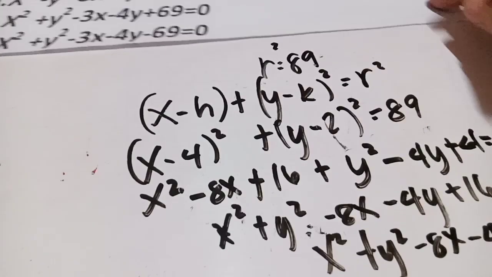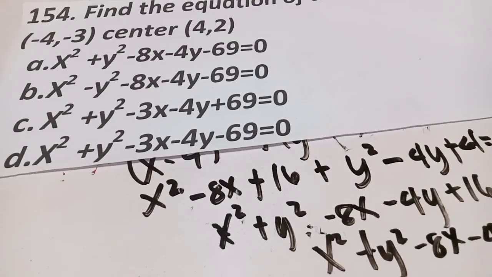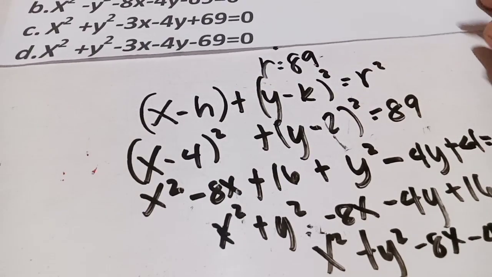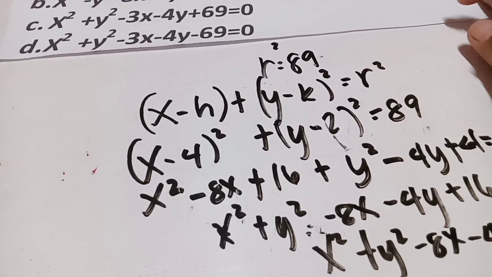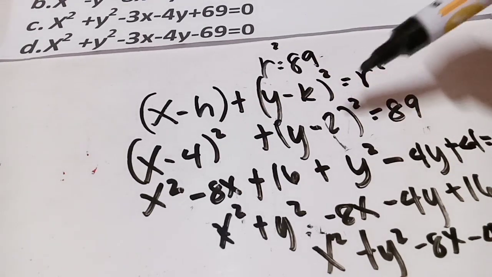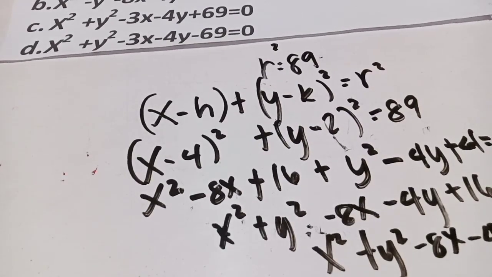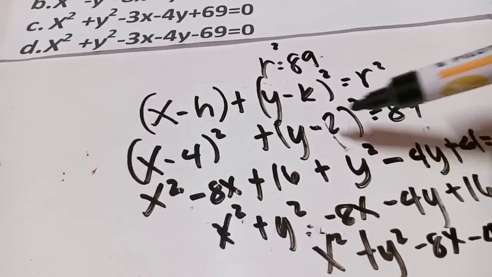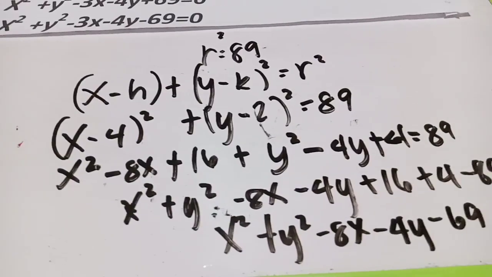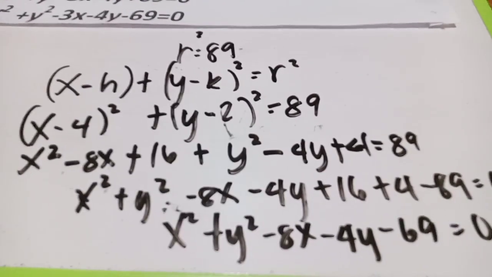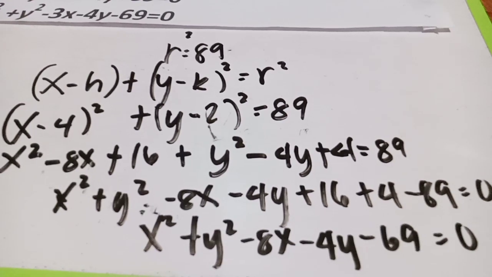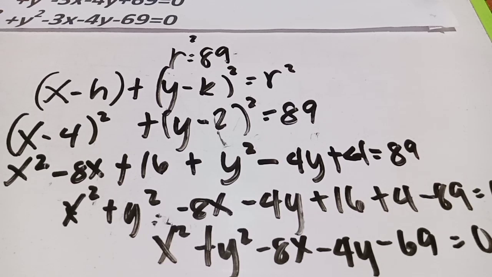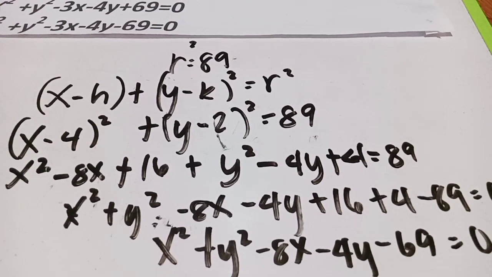So our answer for the equation is letter A. So what you will do is first get the r squared using the formula, then substitute and expand x minus 4 squared and y minus k squared. After that, proceed to the equation. So this will be the general form equation of a circle. Okay, this is 154.